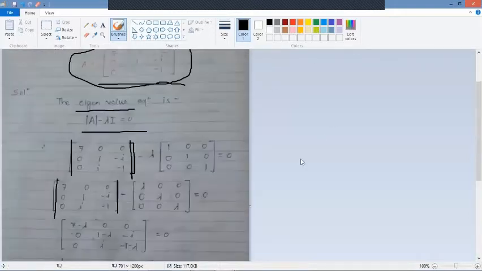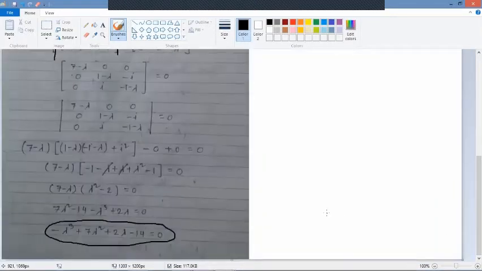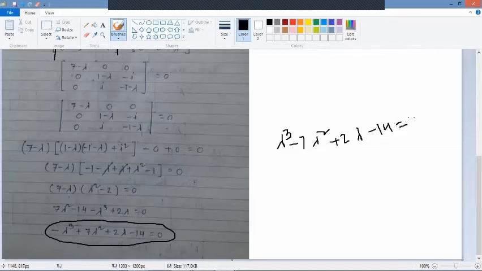What we have in our hand, I'm going to write here: lambda cube minus 7 lambda square plus 2 lambda minus 14 is equal to 0. Take lambda square common, so we have lambda minus 7, and take out minus 2 common from the last two terms, we have lambda minus 7.